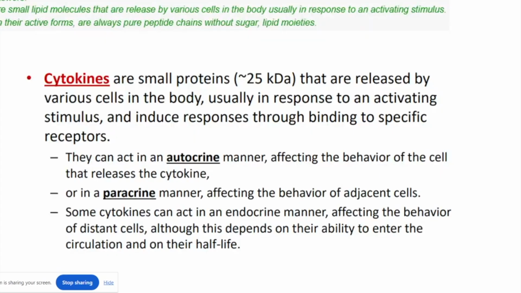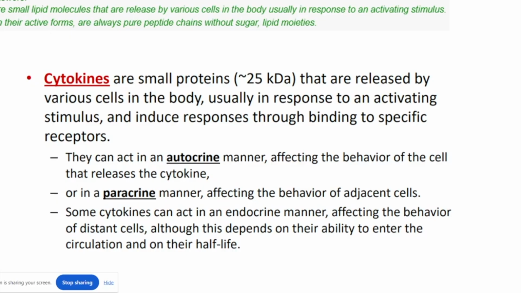So, cytokines are small lipid molecules that are released by various cells in the body, usually in response to an activating stimulus, is wrong. Instead, cytokines are small proteins that are released by various cells in the body in response to activating stimulus. And cytokines in their active forms are always pure peptide, not necessary.